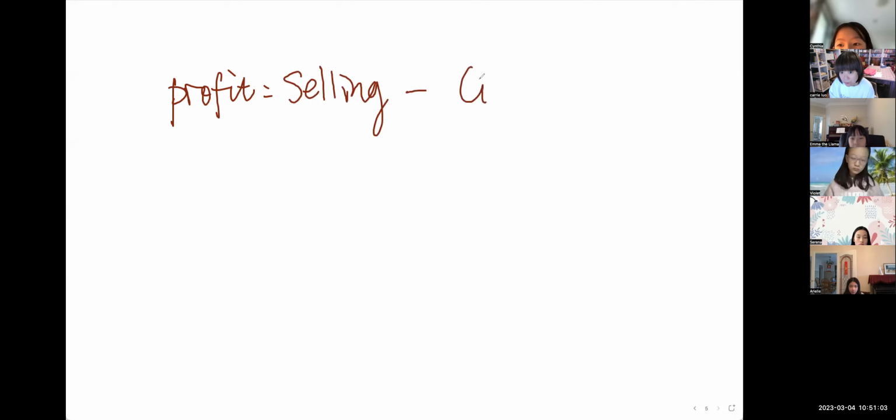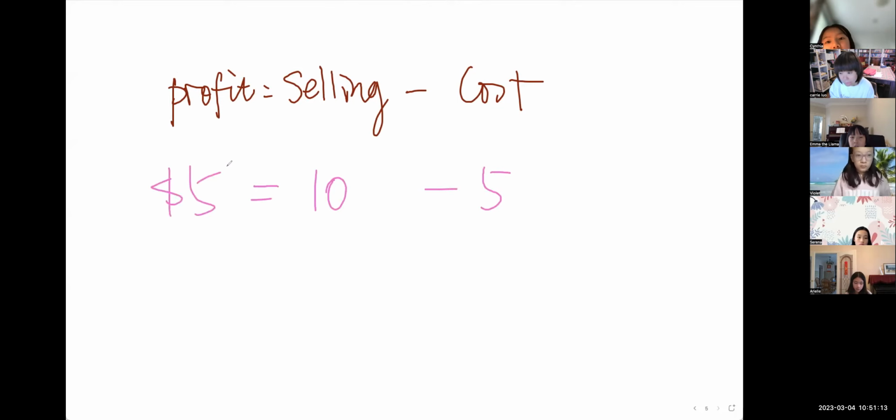So how to calculate the profit? The profit is always equal to the selling price minus the cost. I'm just using Violet's book as an example. For instance, Violet is selling the book for $10 and the cost is $5. So the profit is $5. Get it? And we can also express profit as a percentage.